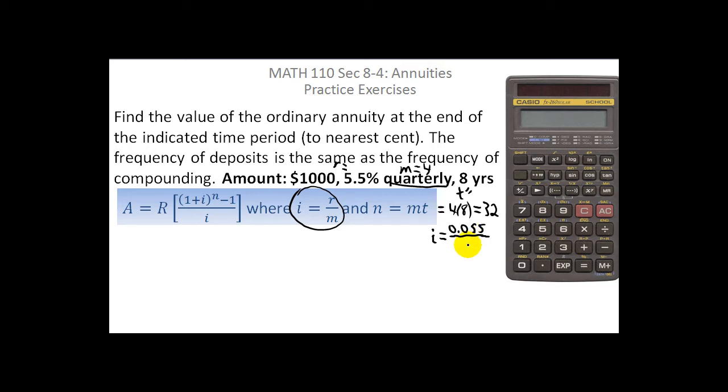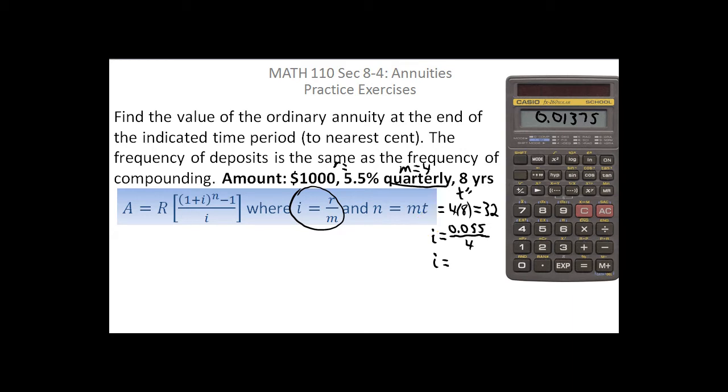And divided by M, as we said, M is 4. So to calculate little I, we simply go to the calculator and enter 0.055 divided by 4 equals, which gives us 0.01375 for I, and I'll write that down.